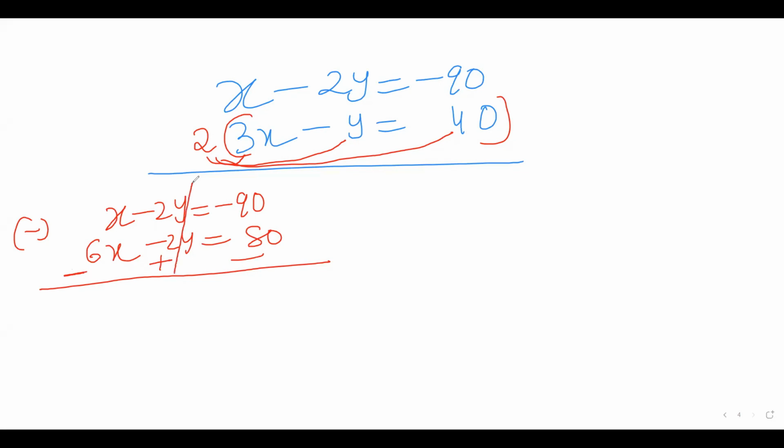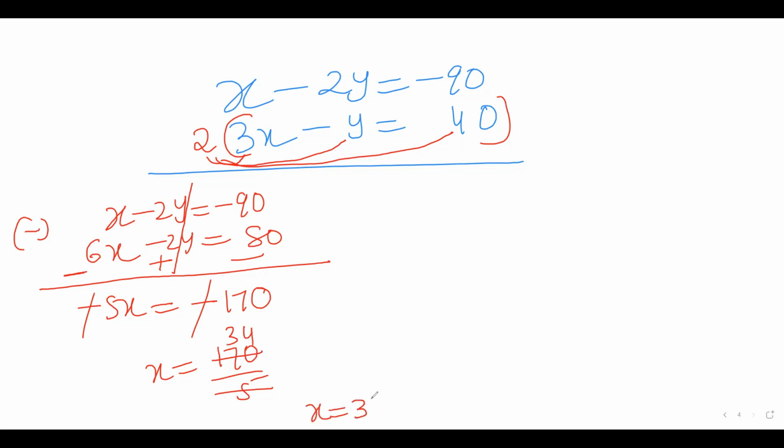Minus 2y plus 2y will get cancelled. x minus 6x is minus 5x. Minus 90 minus 80 is minus 170. Both minus will get cancelled. x is equal to 170 by 5. 5 3s are 15, 2 remainder, 25 5s are 25. So A is having 34 mangoes.